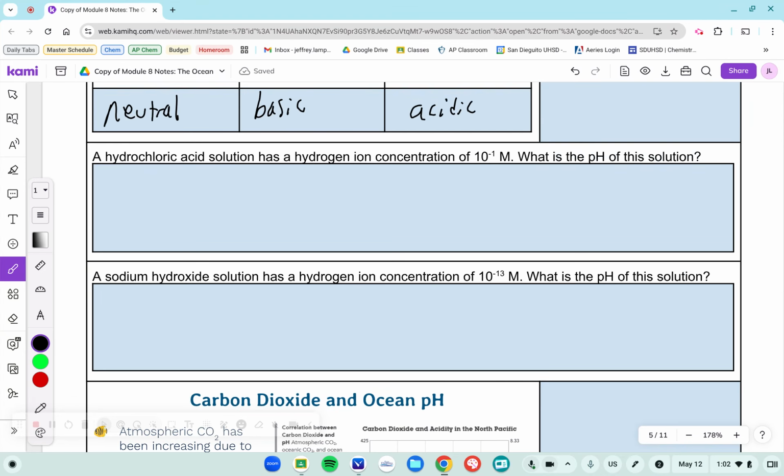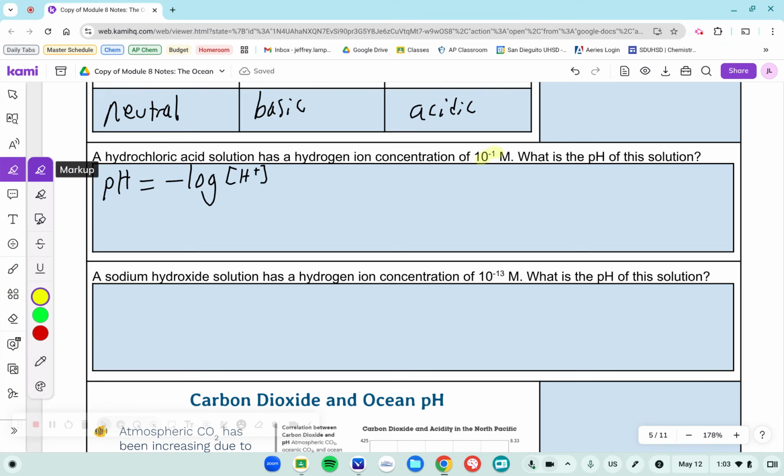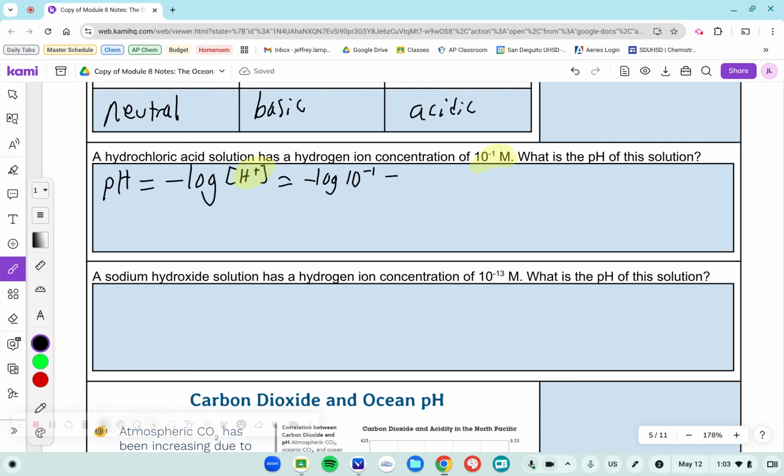Now remember, the equation is that pH equals negative log of the concentration of H plus. Since the problem tells me that the concentration of H plus is 10 to the negative 1 molarity, I'm just going to do the negative log of 10 to the negative 1.